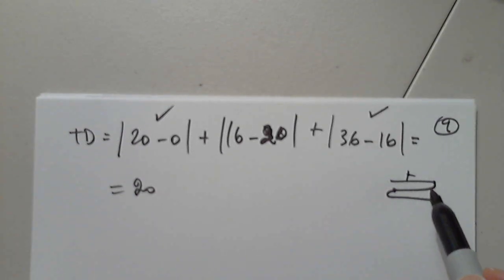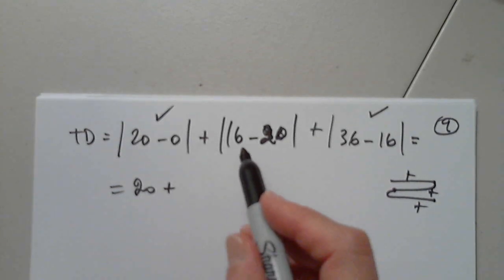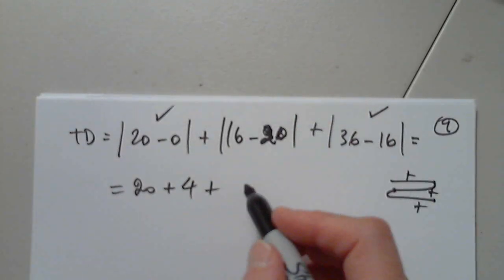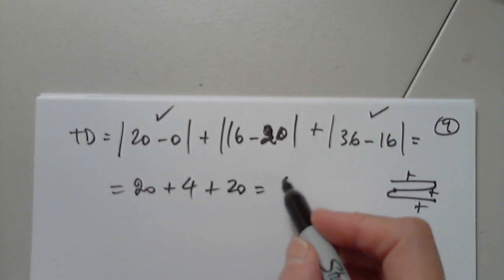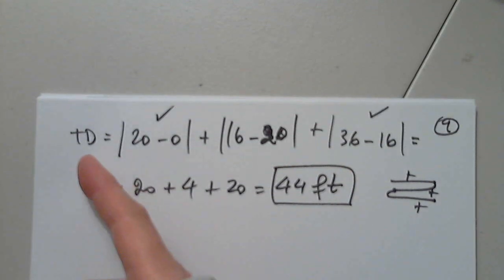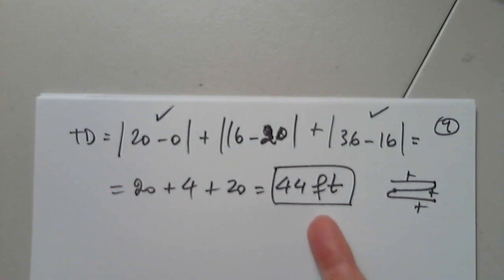So this has to be added, this has to be added, this has to be added. So then plus 16 minus 20 is negative 4, and the absolute value is 4, plus another 20 from here is 44. And this has to be feet. It's the total distance, it is not a derivative. That's how we determine the total distance. Any questions so far?